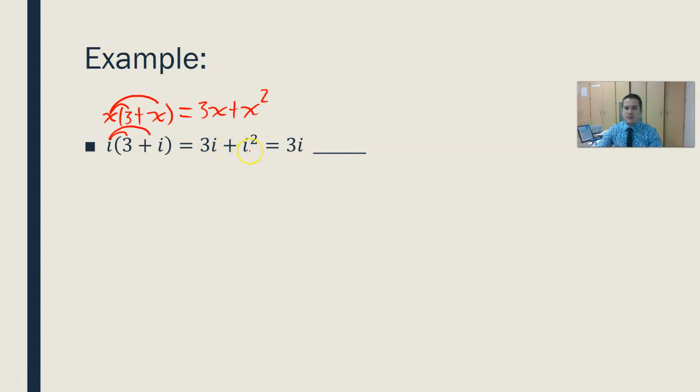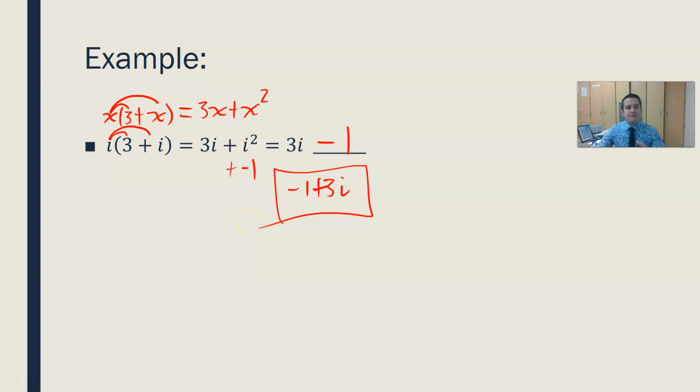So 3i plus i squared is really the same as 3i plus -1, or 3i minus 1. That would be my final answer. Oftentimes complex numbers are written with the real number first and the imaginary number second, so it would be -1 plus 3i.